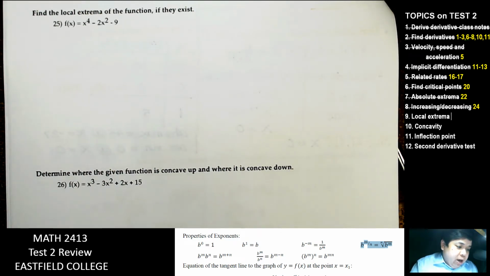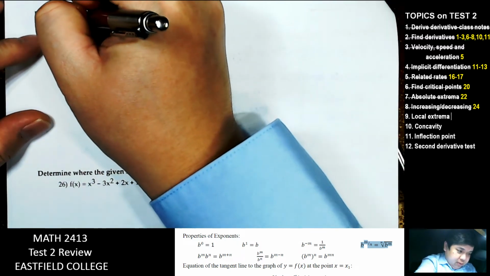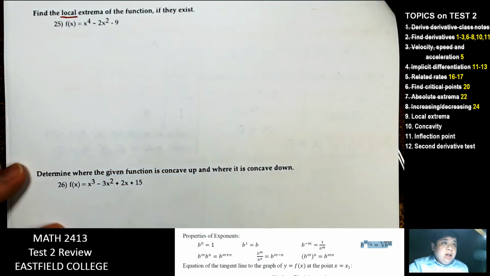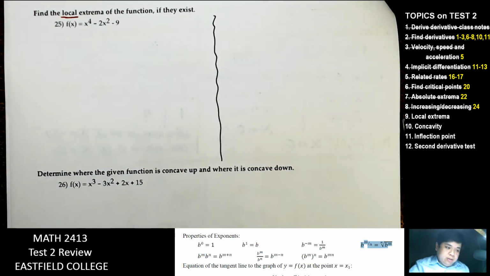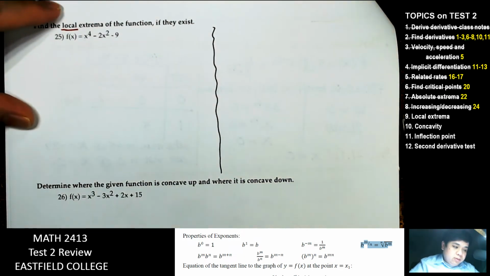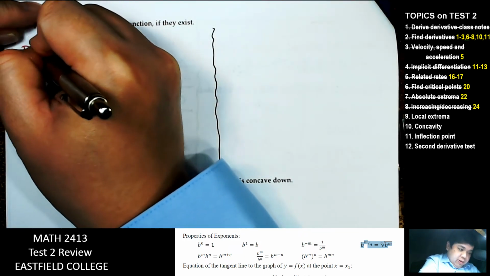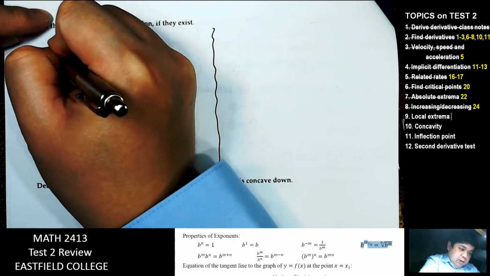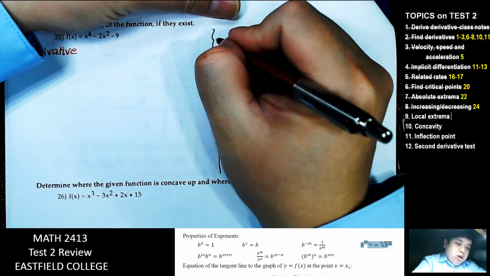Local extrema. This is local max or local min. So most of this problem will have two parts. The first one is the derivative. The second part is the sign chart.